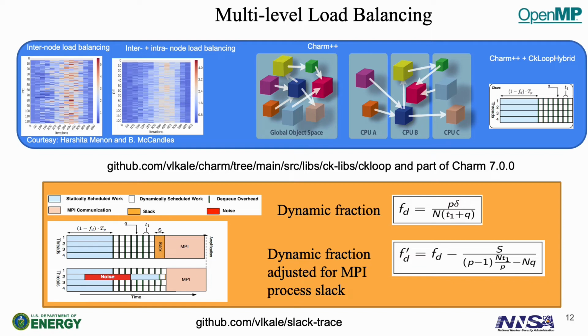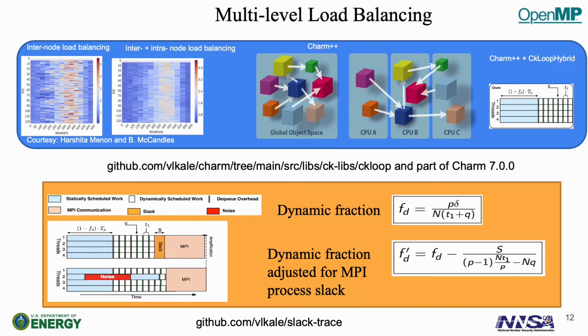The other aspect is tuning the dynamic fraction just based on the MPI slack. This is where, if the MPI processes are not doing load balancing, but there is load imbalance across the MPI processes, how does this dynamic fraction adjust? So this can be coupled with the previous work by considering each topologically close set of nodes as one supernode.